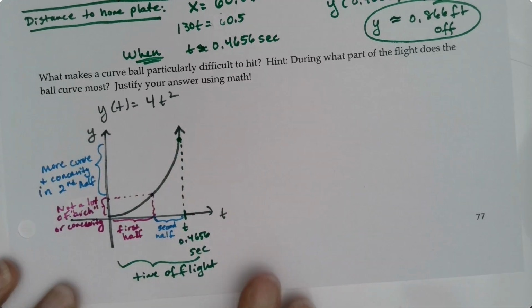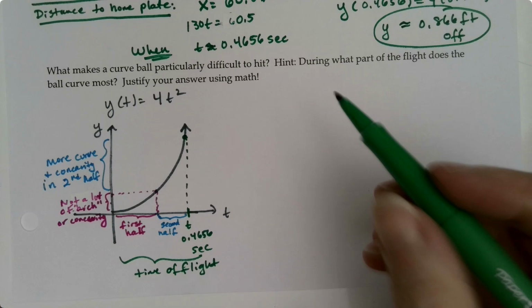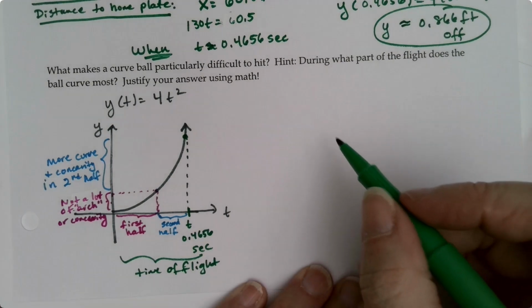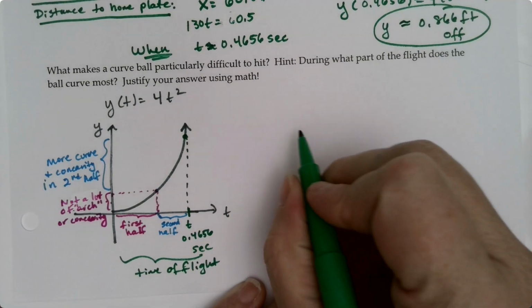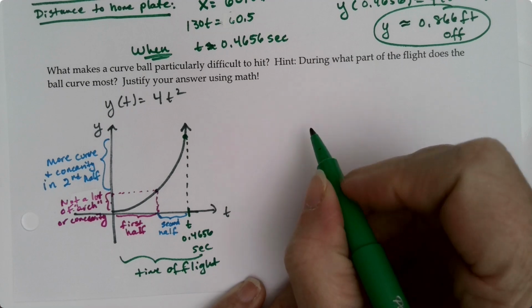And that's why it's so hard for a batter to kind of understand what's happening and be able to swing and hit it. Of course, they've done a lot of studies that batters actually don't look. For the most part, they just swing. It's very, very hard for them to figure out what's going on in their brain because it's happening too fast.